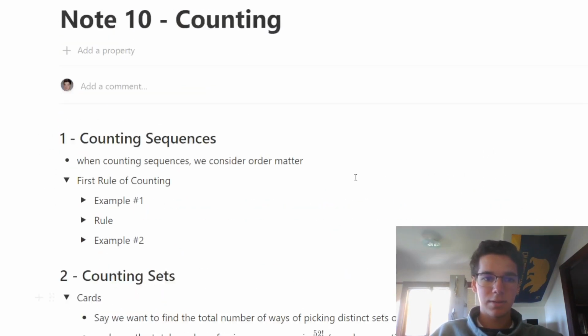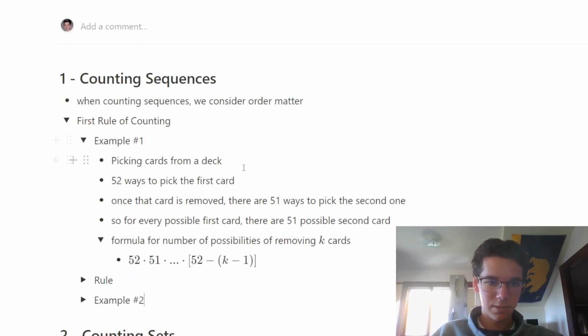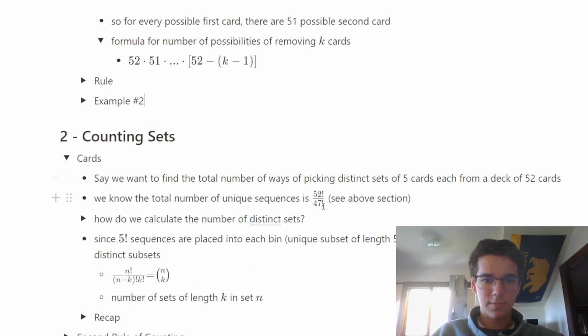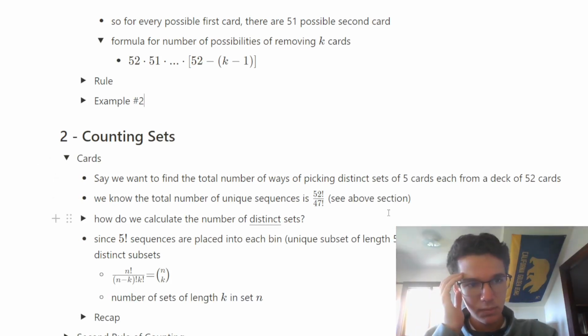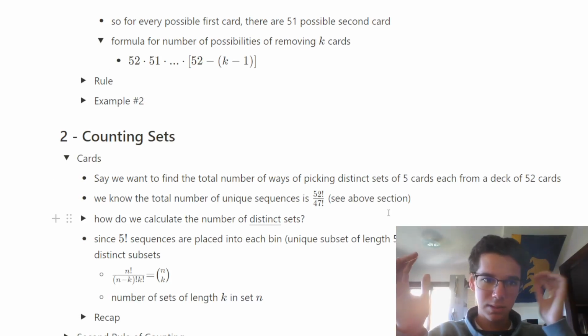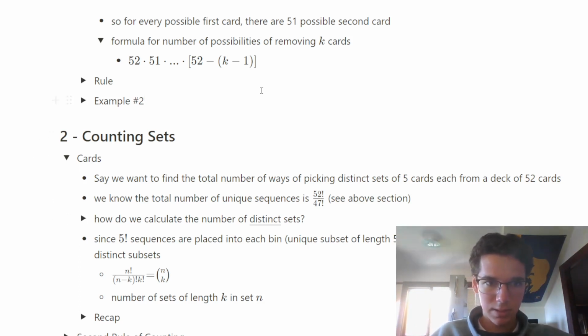As we know from the above equation, it's going to be 52 factorial over 47 factorial. Again, 52 factorial is the number of ways to get all of the possible cards, and then 47 factorial is basically dividing out the rest.